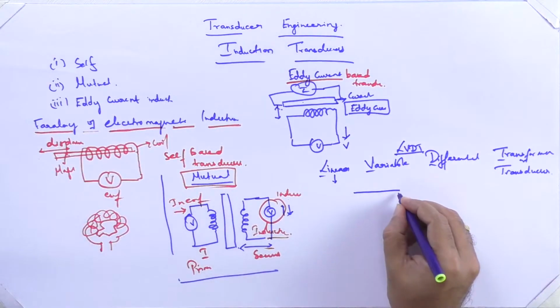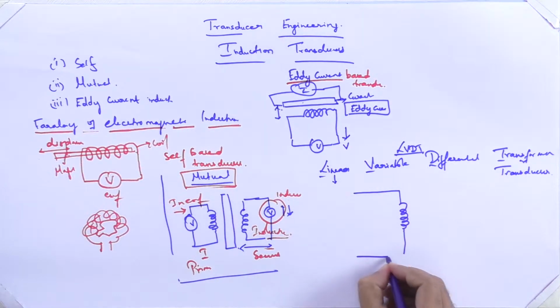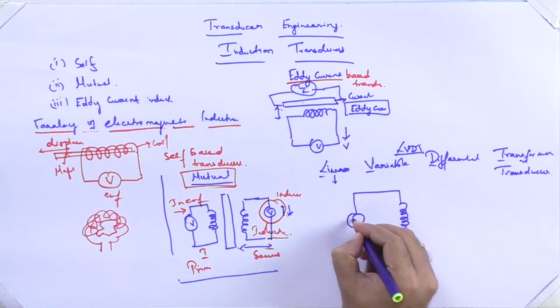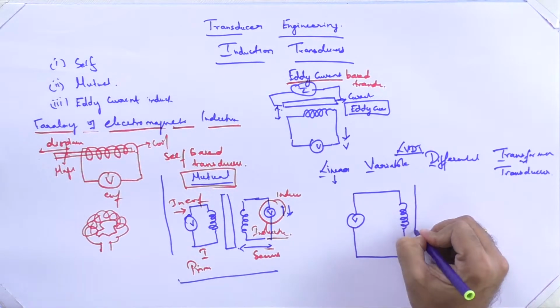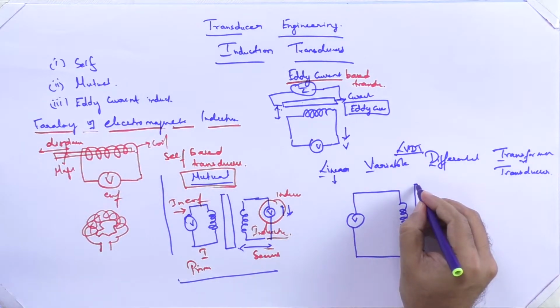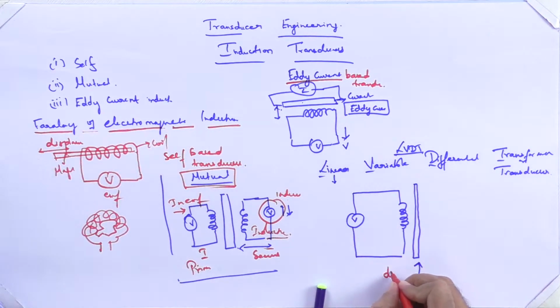See here, this is our primary coil, to which we supply the voltage. Then we have a core, a shaft that is moving in and out, the displacement, the linear displacement that we give inside the coil.